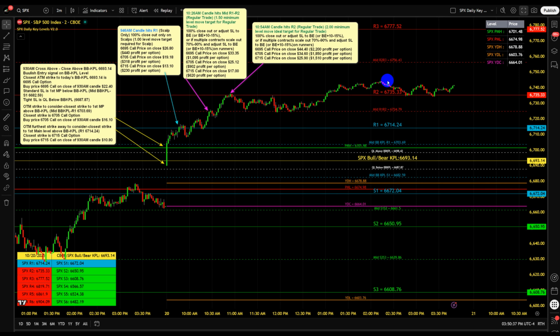Now, if we were in a session where price continued to move up, today it did not do that. As you can see, as soon as it hit this, it started backing off. It tried it again, backed off, tried it again, finally broke above and closed above. However, today's session did not move up to the next midpoint or the next main level.